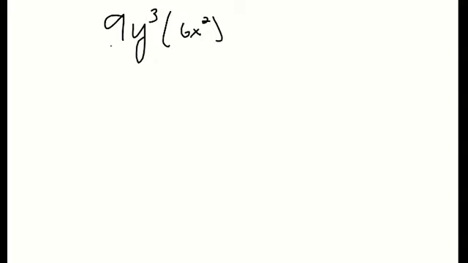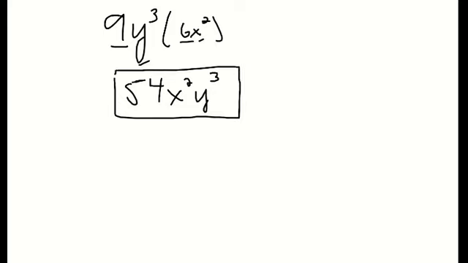My step was to tell you to multiply the coefficients and the variables separately. So 9 times 6, which is 54, times y cubed times x squared, which, as we learned, we just push them together. x squared y cubed. So our answer is 54x squared y cubed.